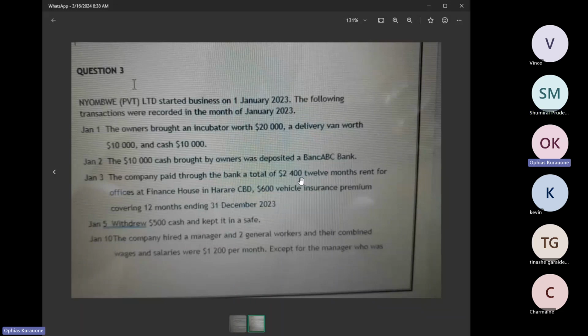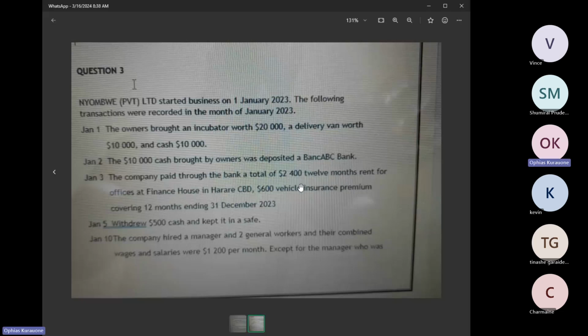If you are paying by bank, it means you should credit the bank account. Then $600 vehicle insurance premium covering 12 months, which means you debit the insurance account, then you credit the bank account. That's the double entry system.